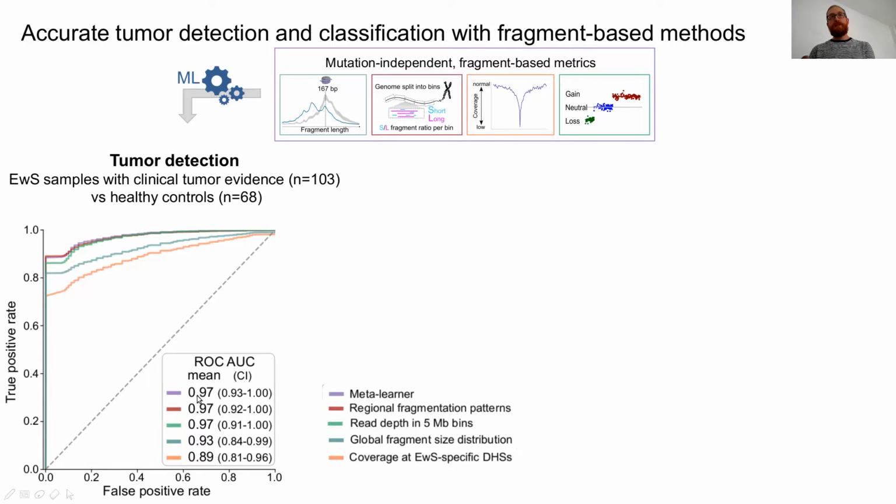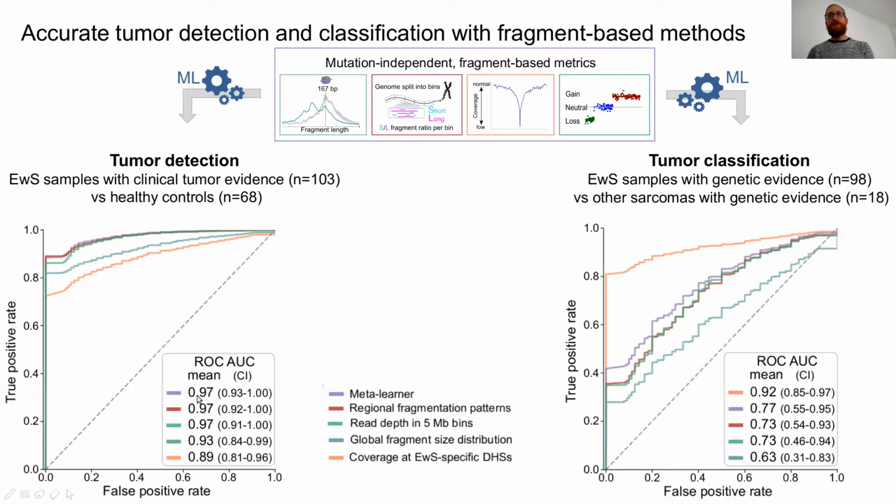We can also take these features to distinguish Ewing sarcoma samples from other sarcomas. And as you can appreciate, our LIQUORICE-based approach clearly works best here, with an area under the receiver operator curve of 0.92, and clearly outperforms the other metrics.